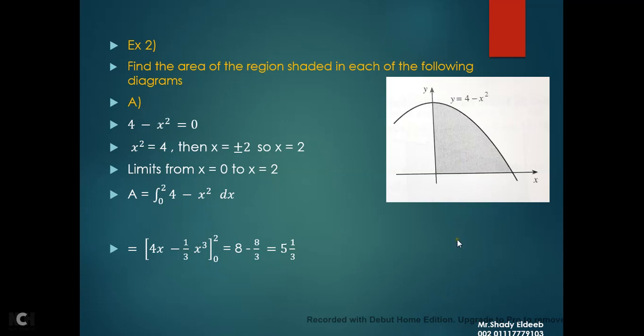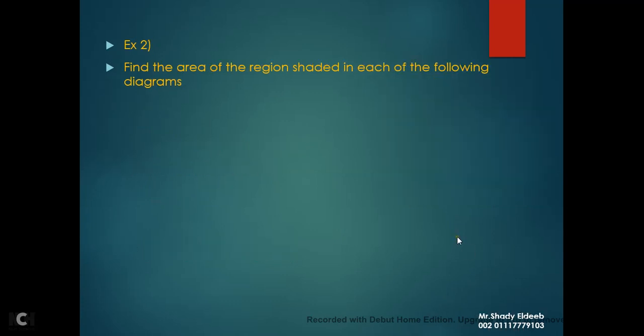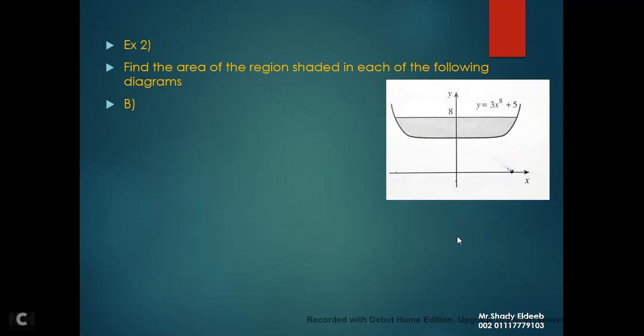Let's take diagram B. In diagram B, this is the shaded region. Be careful. This region is not under the curve y equals 3x power 8 plus 5, but this region is the difference between two areas, area 1 and area 2.